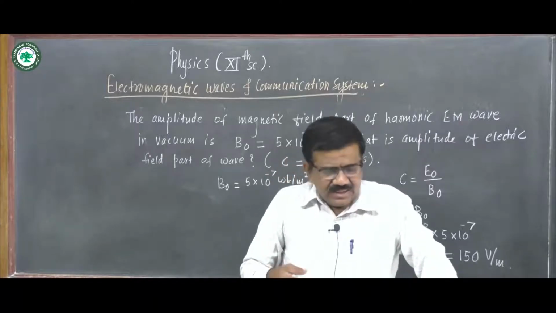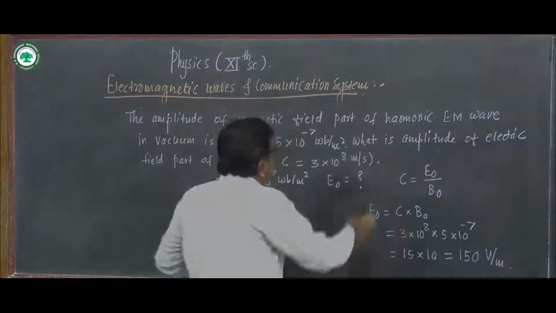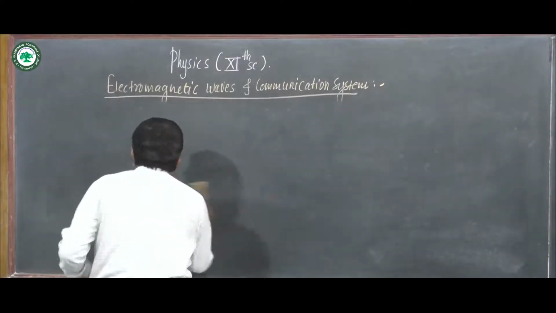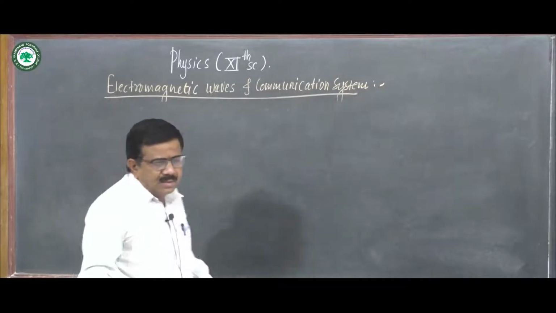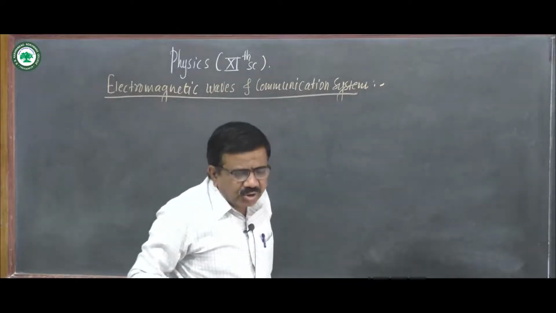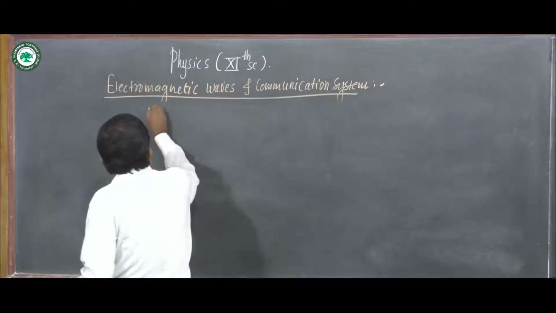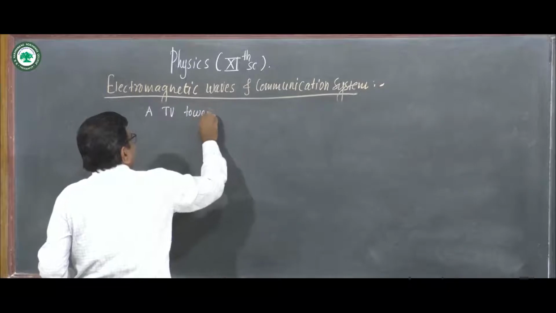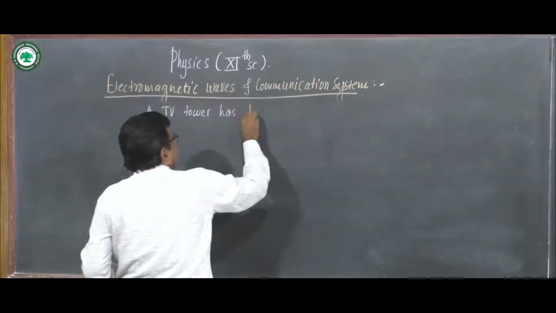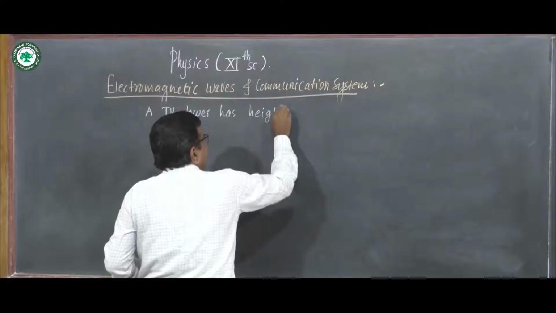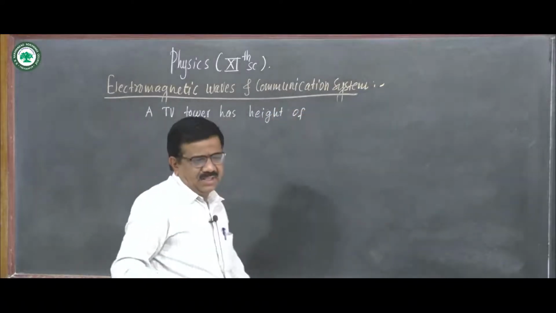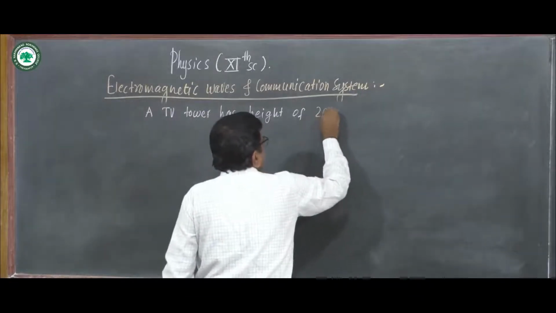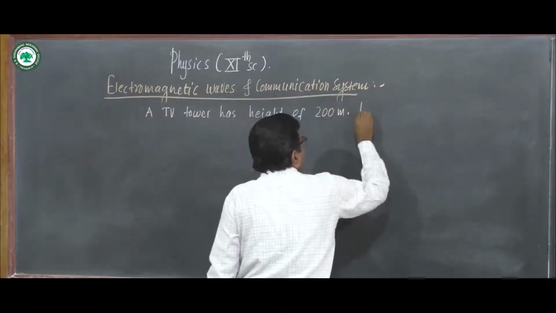Then see the next numerical. These numericals are very simple. A television tower has a height of 200 meter.